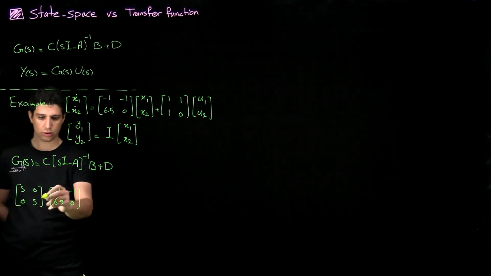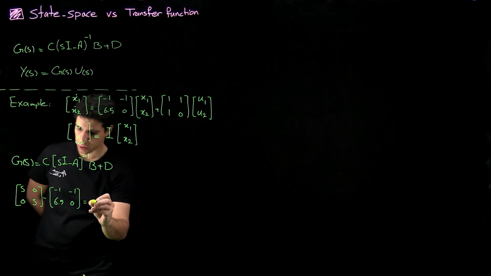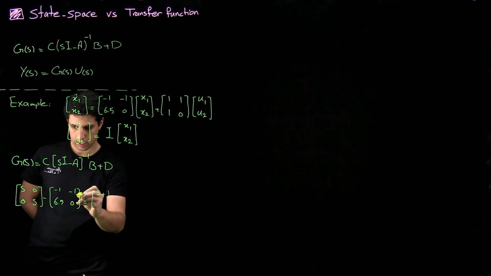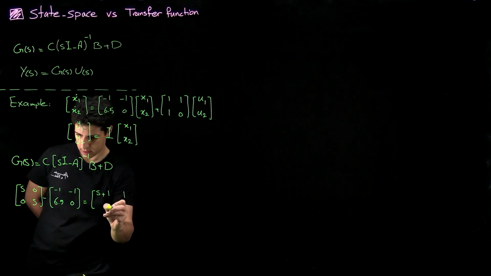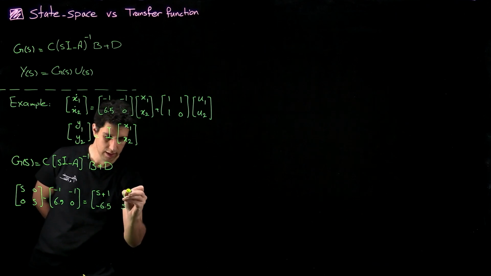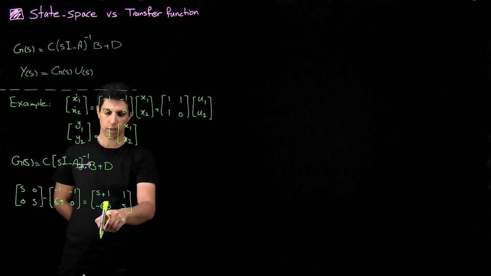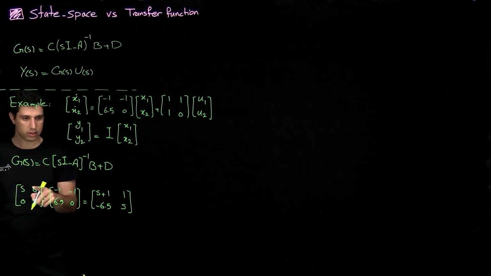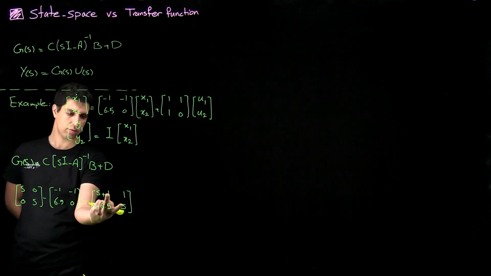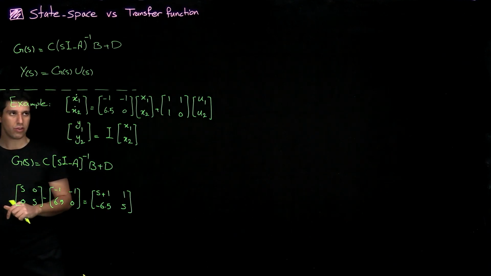And I want to eventually take the inverse of that. So this is sI - A: this one is s + 1, minus 6.5, and s. When you want to take the inverse, it is 1 divided by the determinant multiplied by something where you flip these two, and you flip the signs of these, if I recall correctly.